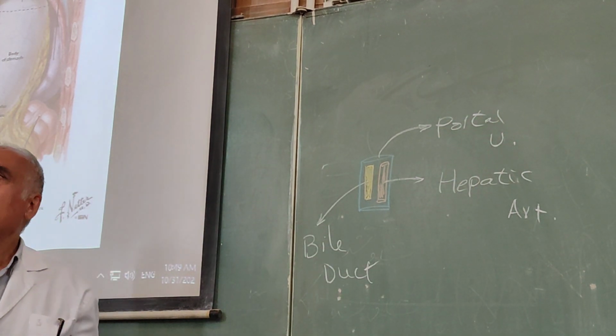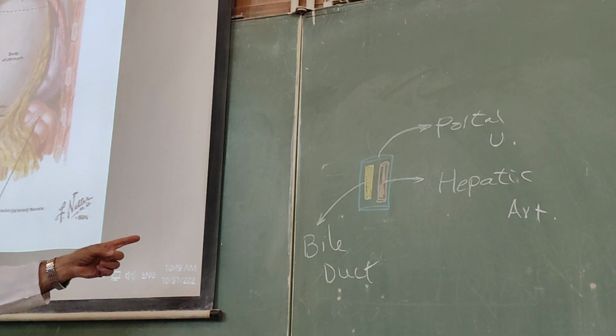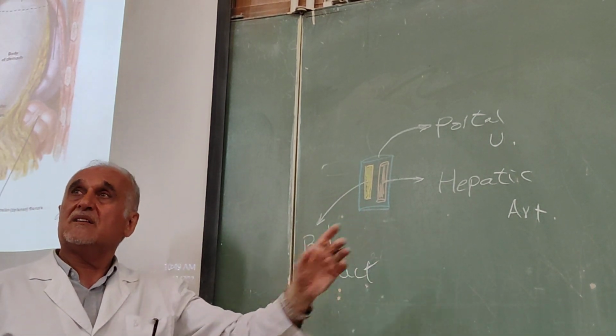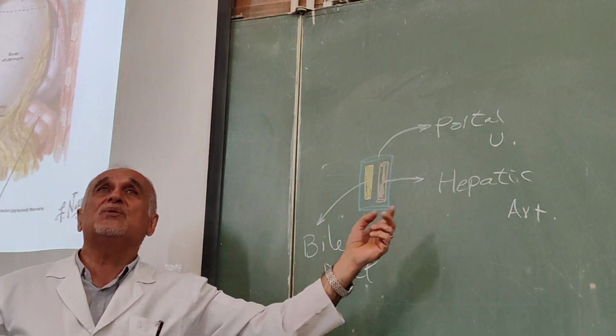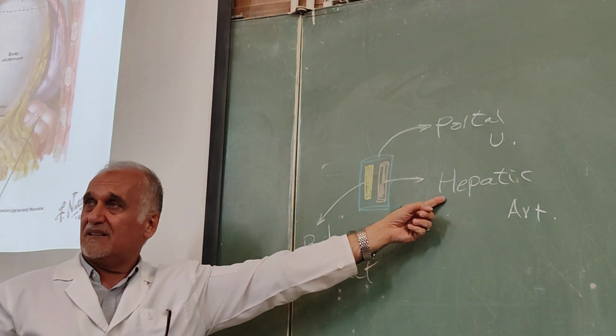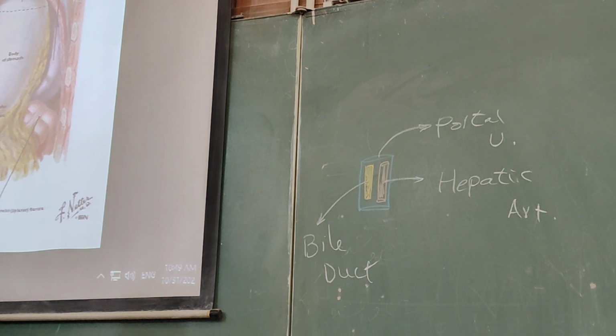So between the two layers of the free margin of the lesser omentum, or between two layers of the hepatoduodenal ligament, when we open this, we reach the portal vein, the most posterior one; anterior and left to this, the hepatic artery; anterior and to the right, the bile duct.